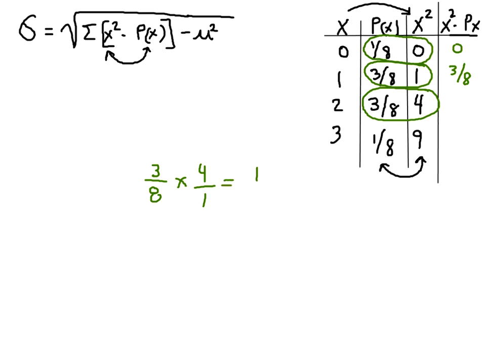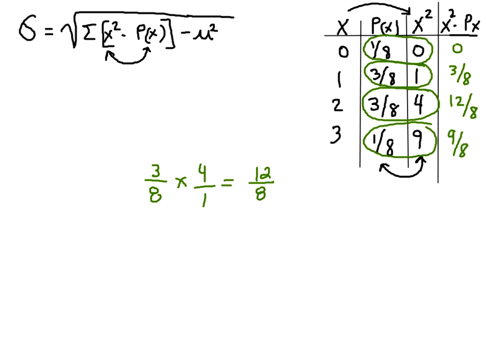So multiply the numerator, multiply the denominator. So this is 12/8. And then finally over here, we multiply x squared and p of x, and that's 9/8.